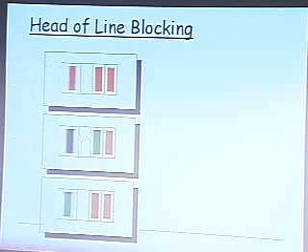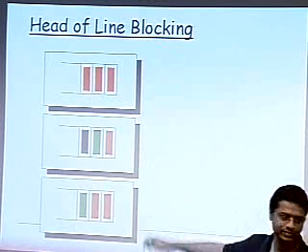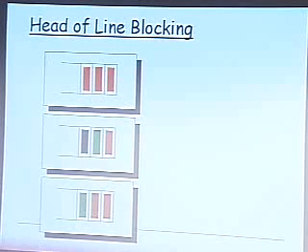So suppose you have a scenario like this. You have three different input ports. The color of the packet indicates which output port these packets are going to. So you have three different output ports: red, green and black. The first packet on each of these input ports is red.